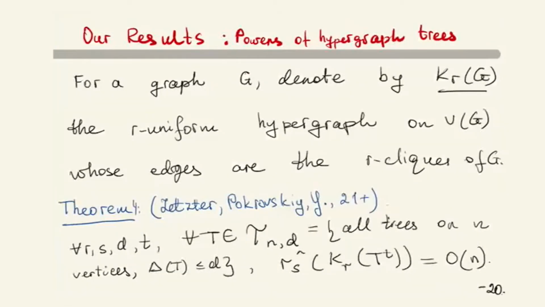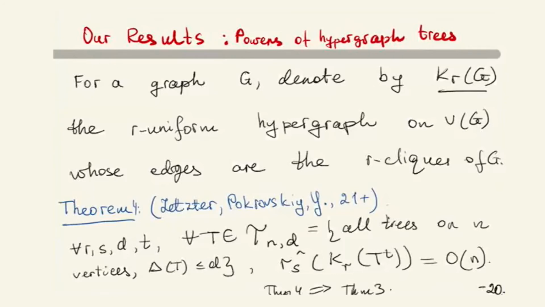And so this is the stronger theorem. This is not the main result, but it's the stronger theorem from which we get the result about hypergraph trees. So theorem 4 implies theorem 3. What do I mean by this?